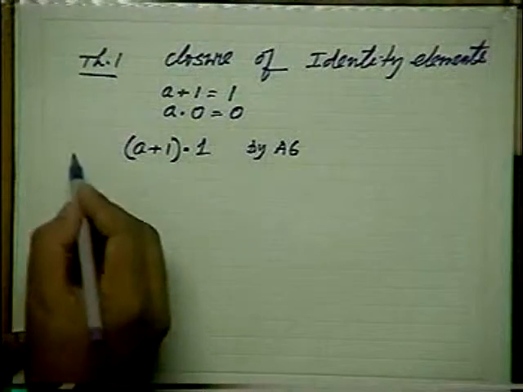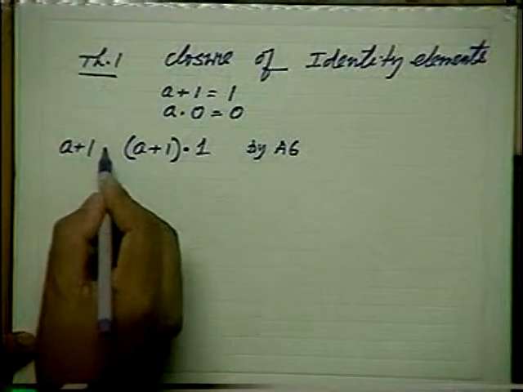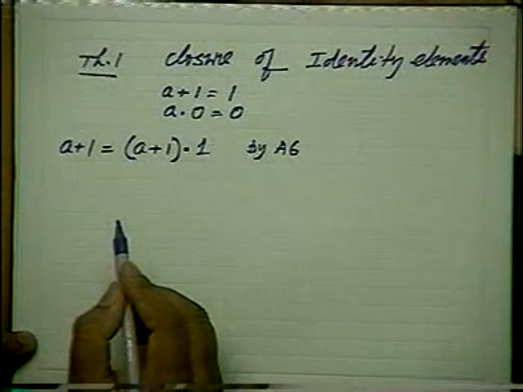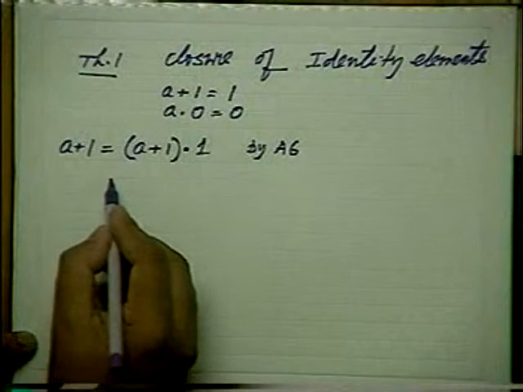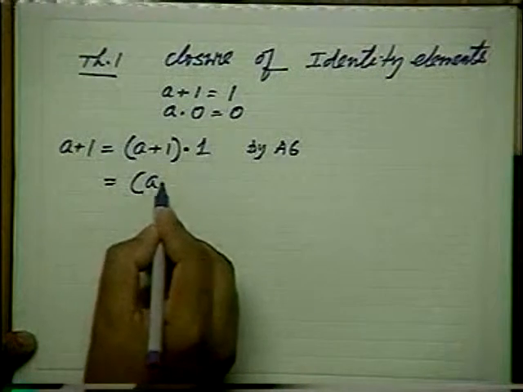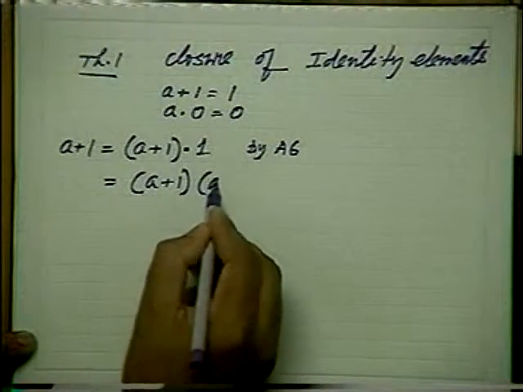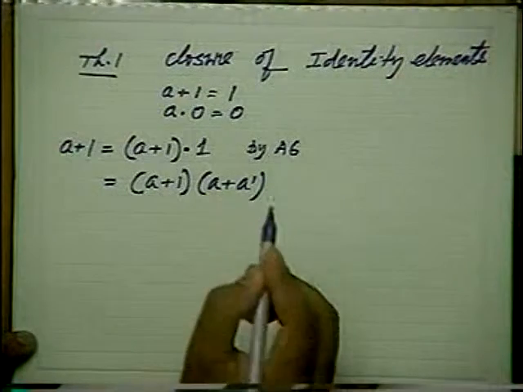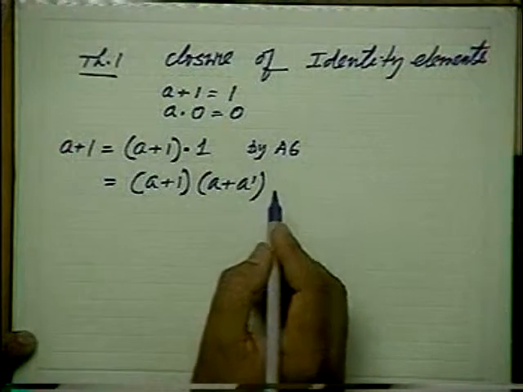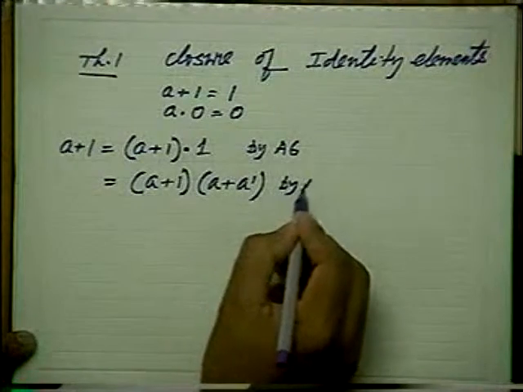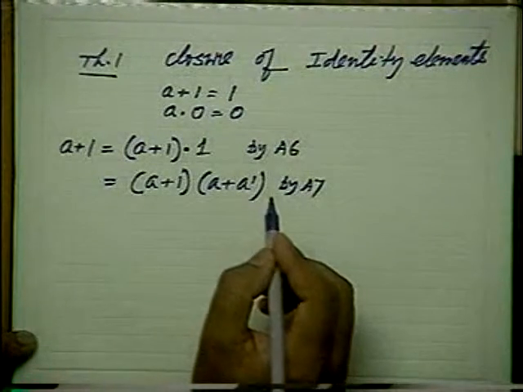Is it okay? That means a plus 1 is equal to, I can write this. Now, if I write this, then I can write this also, a plus a dash, and this is by a7.